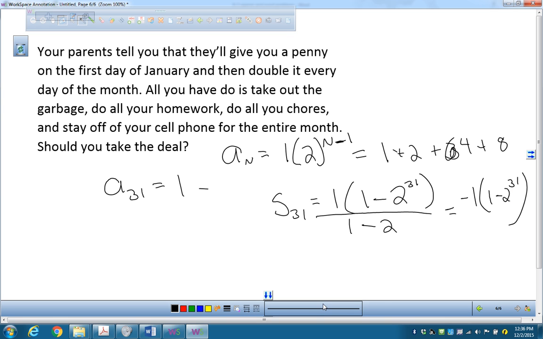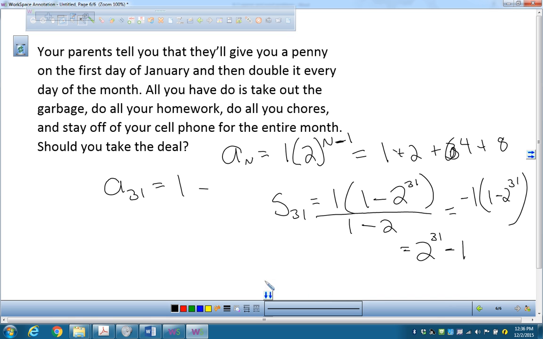Do you guys see what I just did? Okay, negative 1 divided by 1 is negative 1. So I just move that up top. Now I'm going to distribute through this negative sign. So this is equal to 2 to the 31st power minus 1. Right? What's 2 to the 31st power?